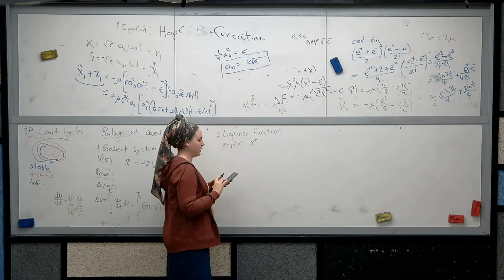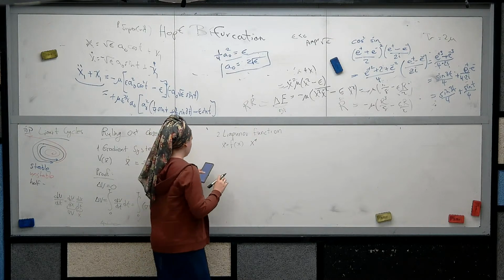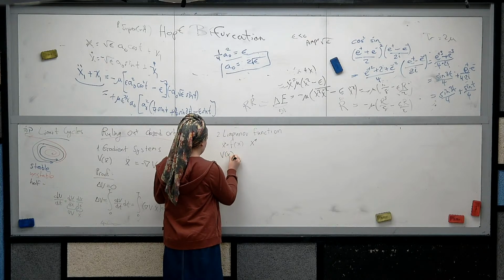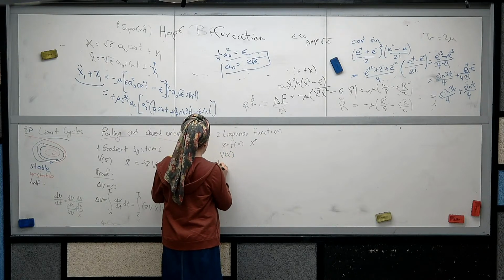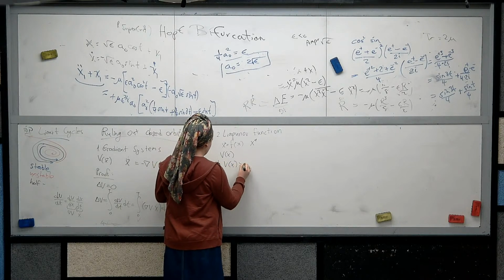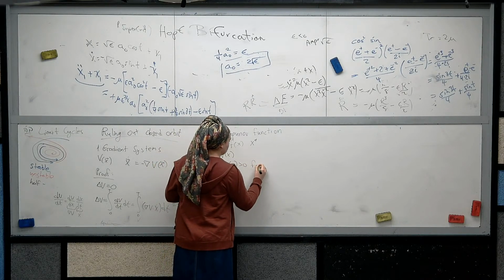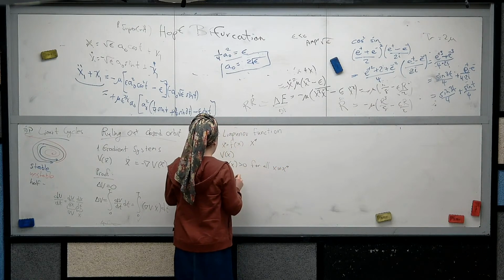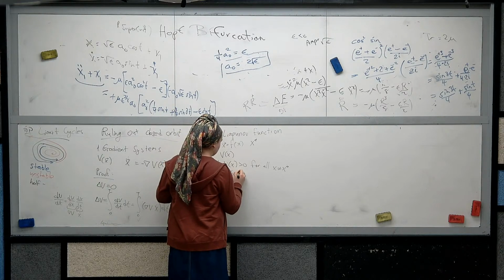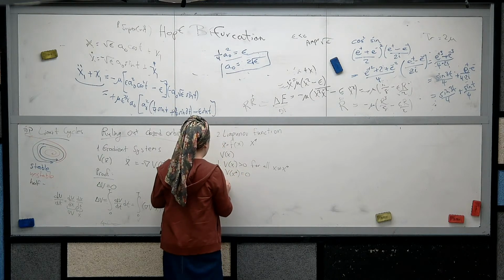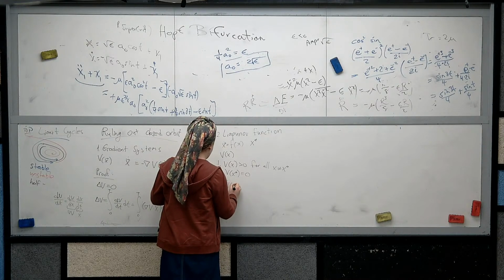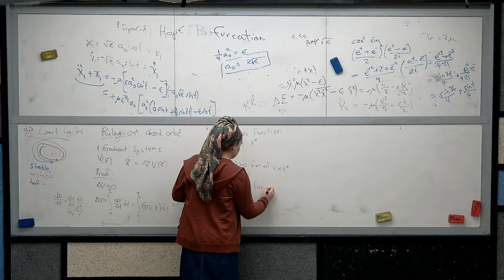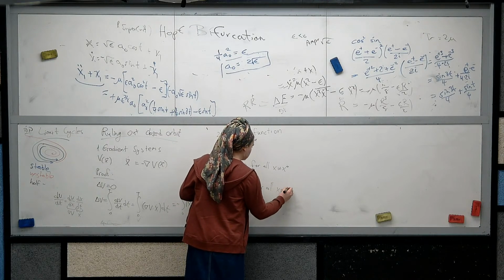Suppose that we can find a Lyapunov function, meaning some function V of x such that, first, V of x is bigger than 0 for all x that is not the critical point, and at the critical point it is 0. And second, V dot of x is lower than 0 for all x that is not the critical point.